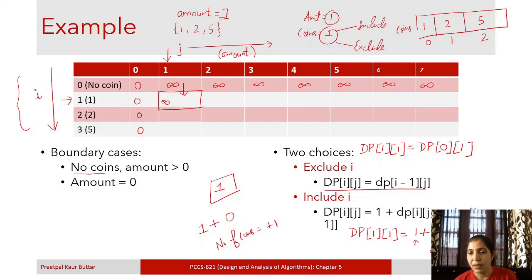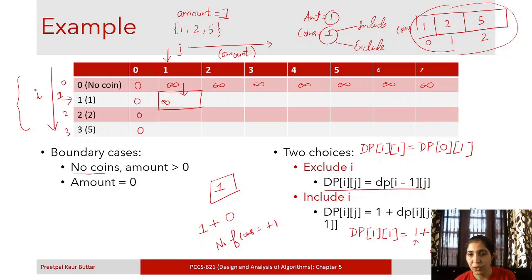It means what is the value of the coin you are taking. You are taking a 1 rupee coin, so its value will be found here. In this matrix, the 1 rupee coin is stored at location 1, since this is location 0, this is location 1, 2 and 3. And in this array it is stored at location 0.